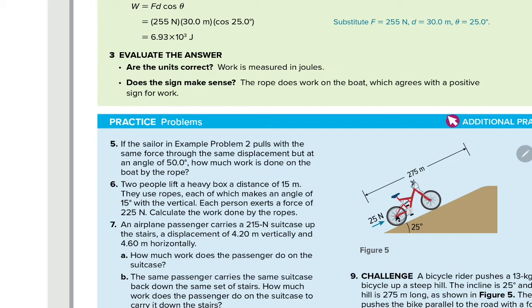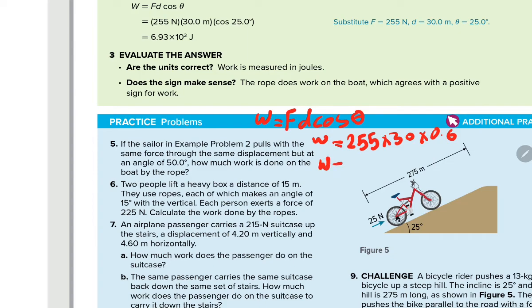So by using the same numbers and the same law, W equal to F d cosine theta, W will equal 255 multiplied by d, which is 30, multiplied by the cosine theta for 50 degree, which is approximately 0.6.